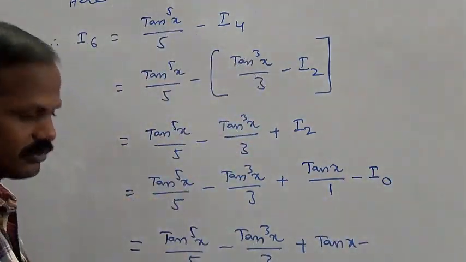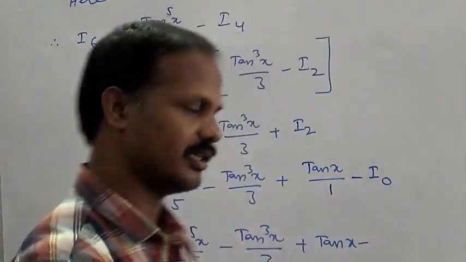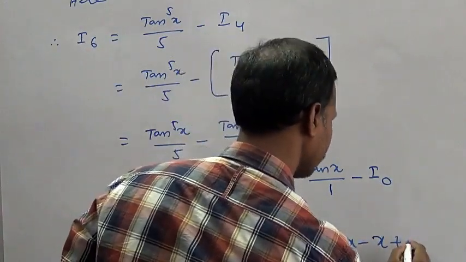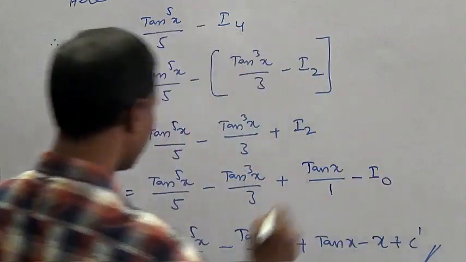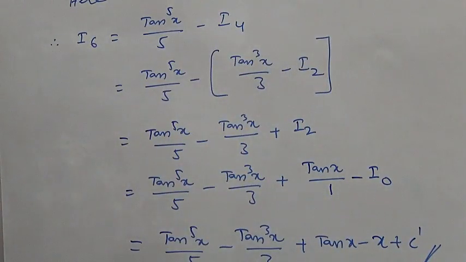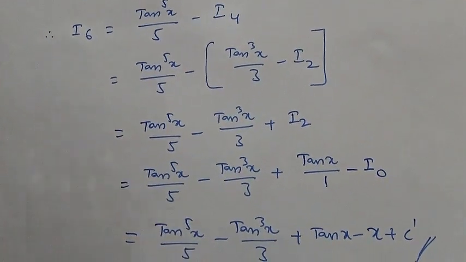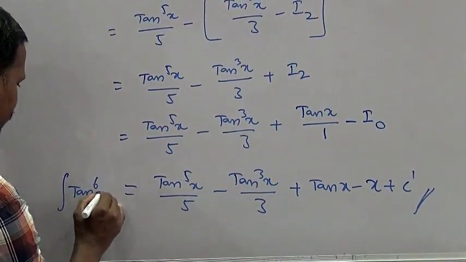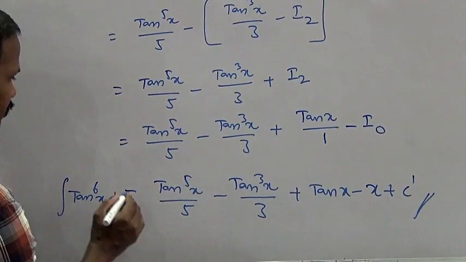What is the value of I naught? I naught is x plus c. So x plus some c dash. So this is the value of integral tan power 6x dx.